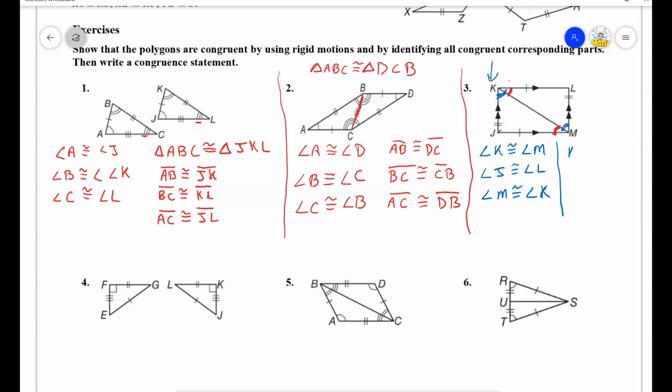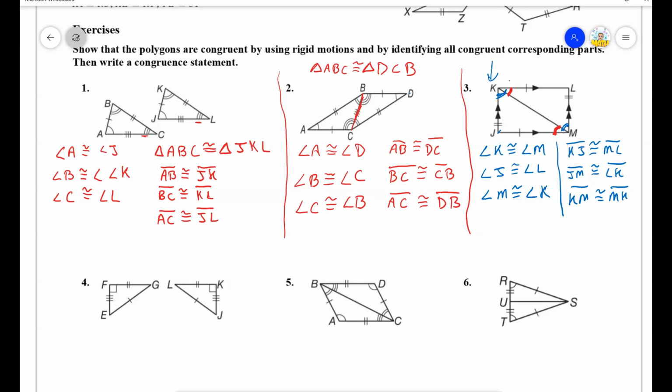Right? So now when we list our segments, it'll go like this. Segment KJ is congruent to segment ML. Segment JM is congruent to segment LK. And then finally, segment KM is going to be congruent to itself, basically, but we'll list it as segment MK.